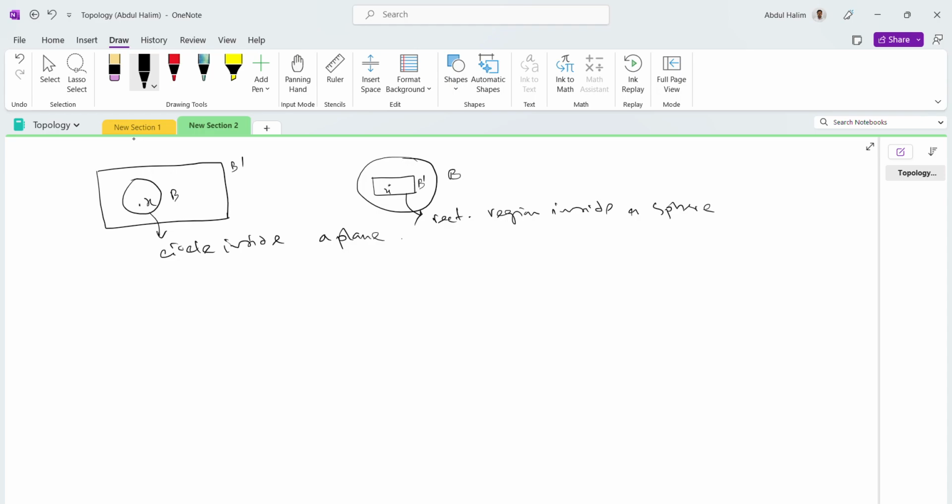Again, beta dash is the collection of rectangular regions inside a circle or a sphere. And this circular region is inside a plane.